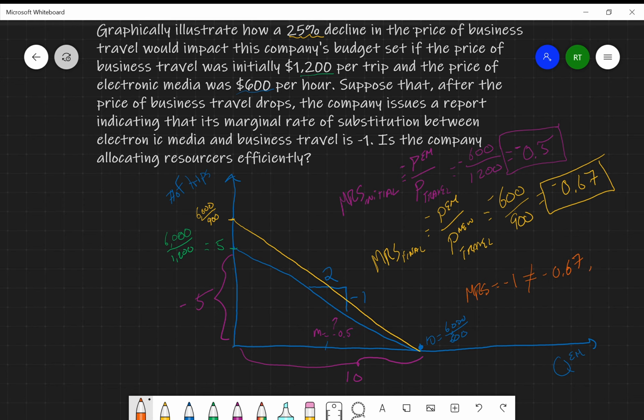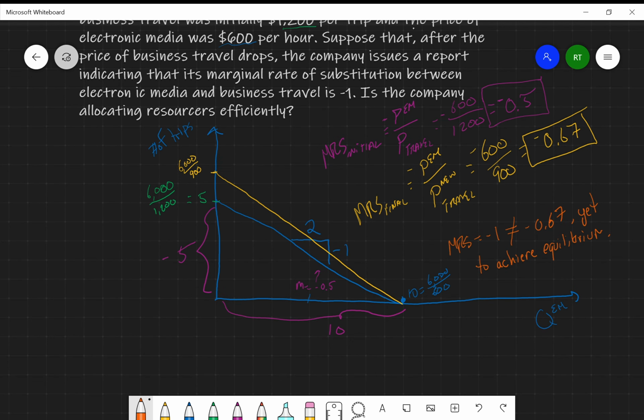So we've yet to achieve equilibrium. To achieve equilibrium, the firm has to use more electronic media and decrease its travel. So that gets to a slope that is, you guessed it, -1.